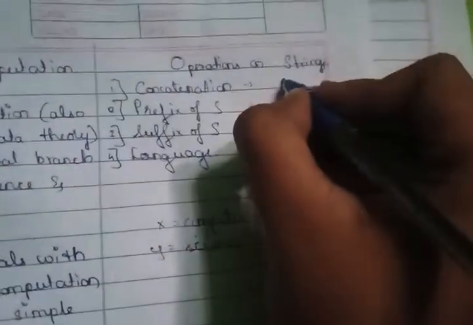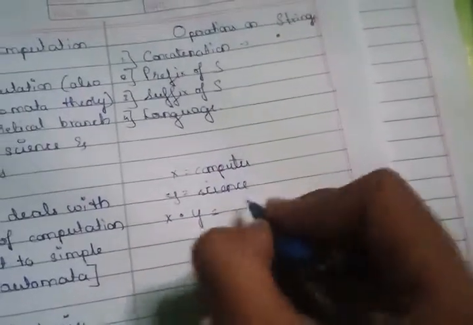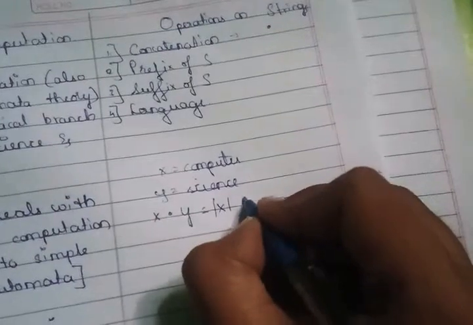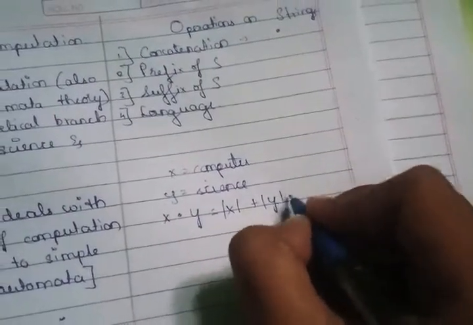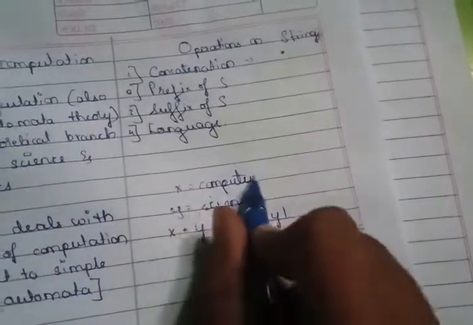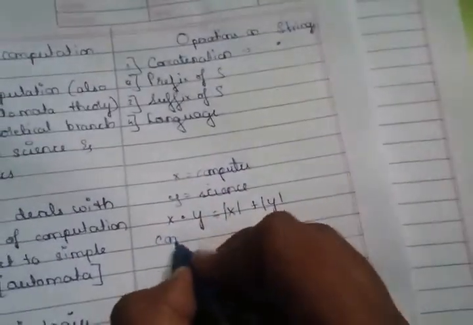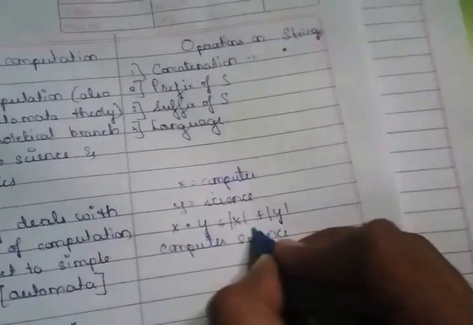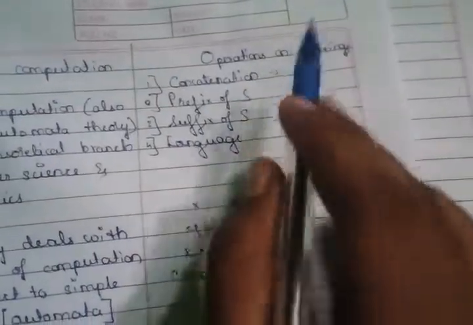It is represented in terms of dot. So the length of X dot Y equals the length of X plus the length of Y. This holds good. Now the concatenated string would be computer science. So this is what concatenation means.